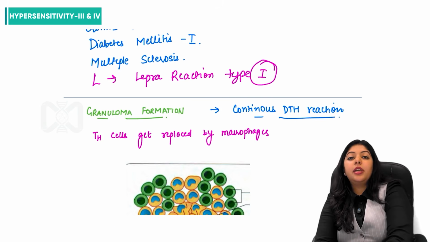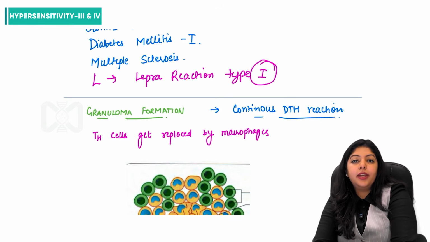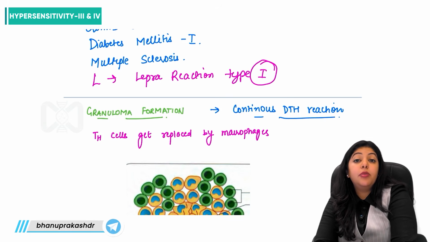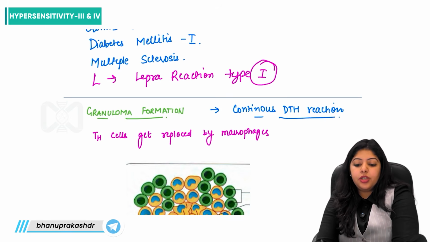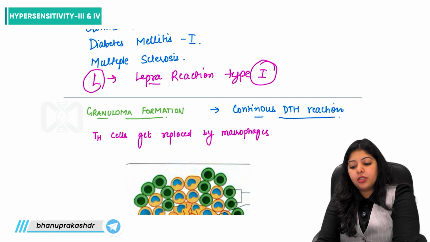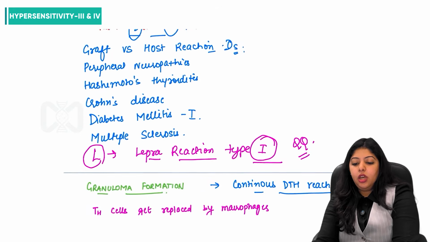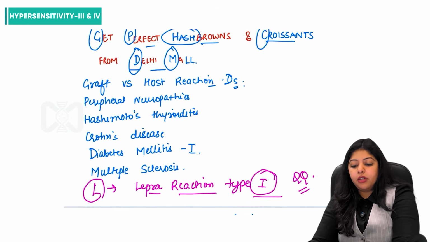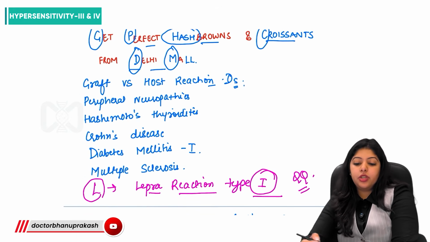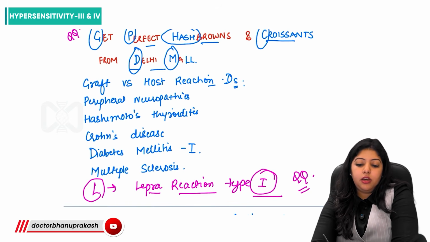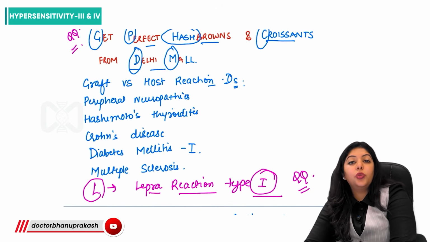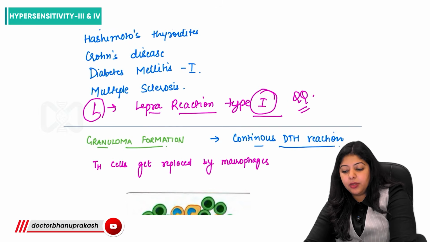So in type 3 hypersensitivity we read it is the lepra reaction type 2 which is occurring, which is quite the opposite case with type 4 hypersensitivity where lepra reaction type 1 is occurring. So with this mnemonic we have covered almost everything which gets asked for examples from these two types of hypersensitivities.